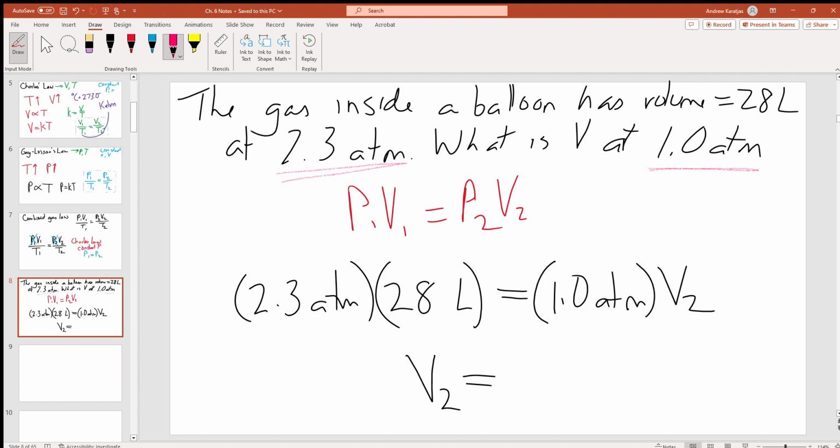Pressure has gone down. And what did we say about the relationship of pressure and volume? We said they're inversely related. So if pressure is going down, what should happen to the volume? The volume should increase. And that's what we find when we do this calculation. New volume, 64 liters.